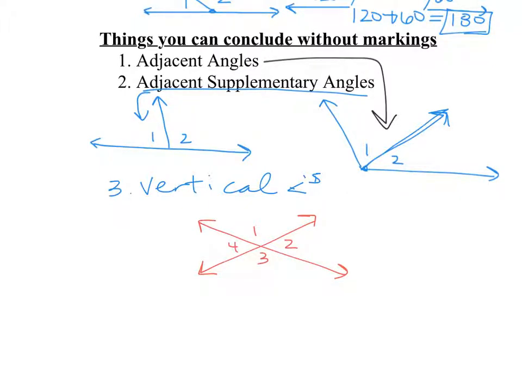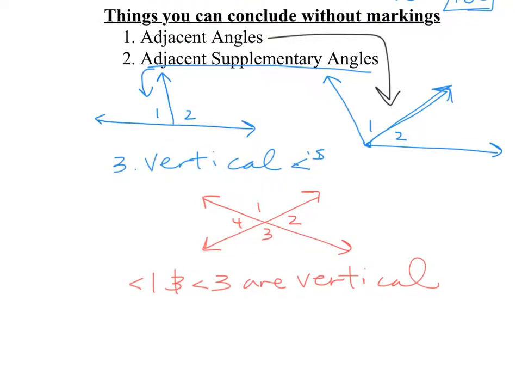And just looking at that picture right now, I can say 1 and what are vertical angles? 3. Angle 1 and angle 3 are vertical. Okay, so I don't need markings, or they don't have to tell me 1 and 3 are vertical. I can say I know it's true. Okay, so there's 3 things that you don't need given information on.